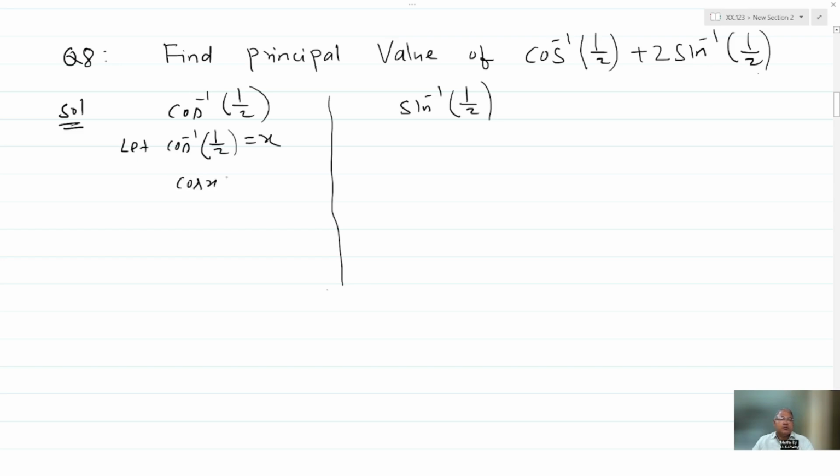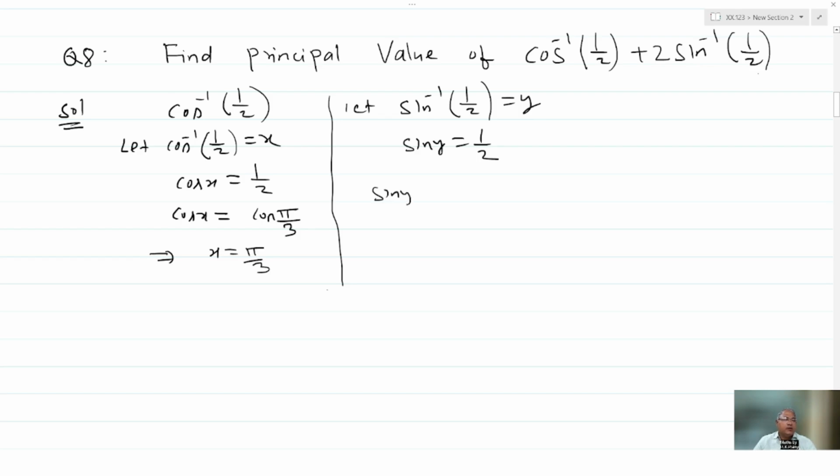So cos x equals 1 by 2. Let sin inverse of 1 by 2 equal y. So we get sin y equals 1 by 2. Now cos x equals cos pi by 3, which implies x equals pi by 3, and sin y equals sin pi by 6, which implies y equals pi by 6.